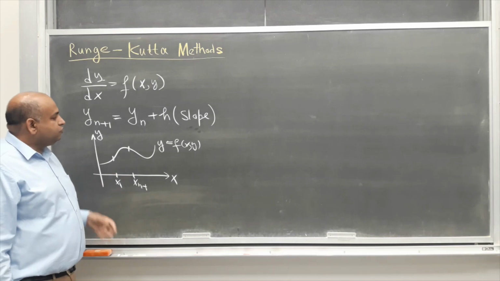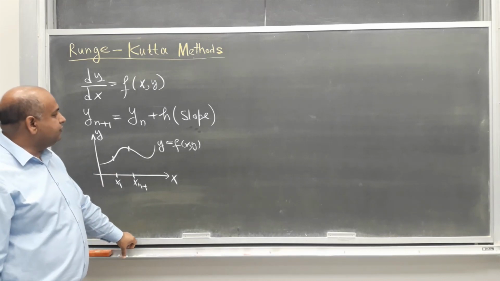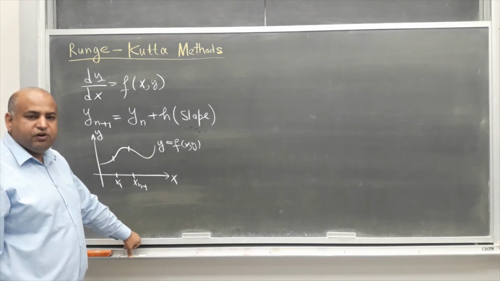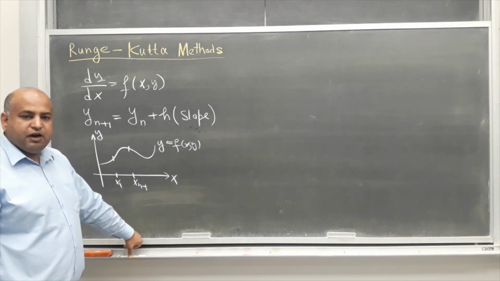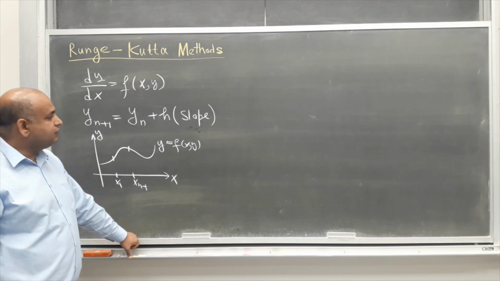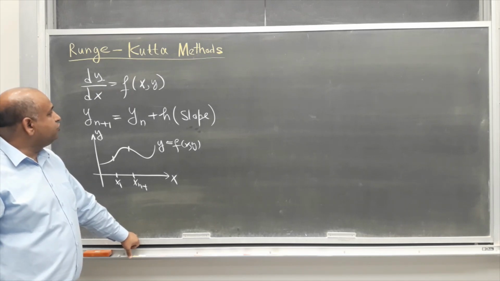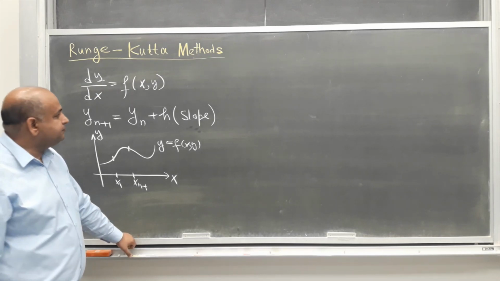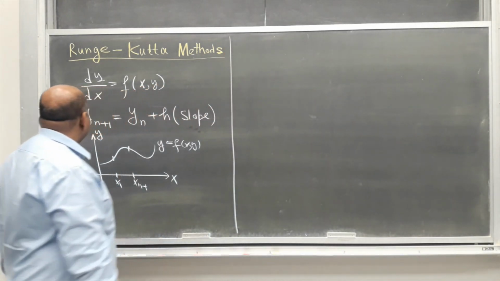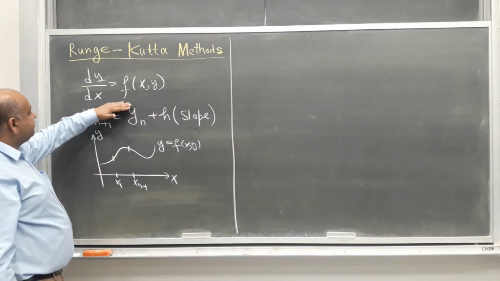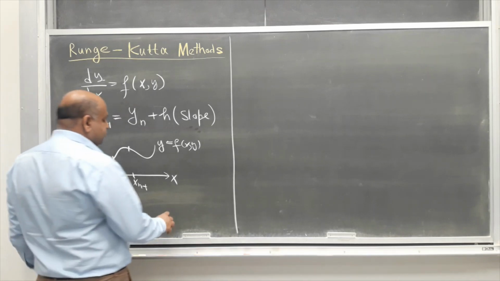So let us now discuss a general framework with which we can derive this simpler Euler or backward Euler methods, and a few others, including the Runge Kutta methods. Let's begin from this differential equation, which is an initial value problem.